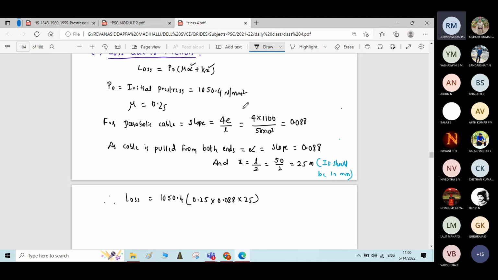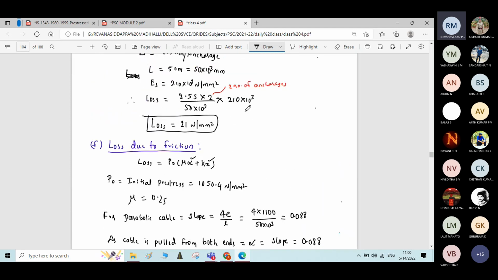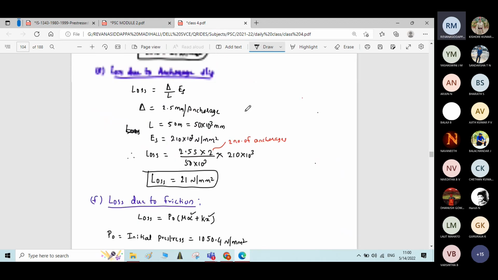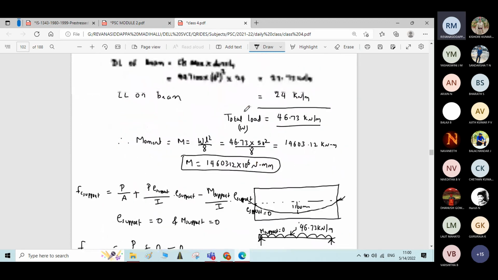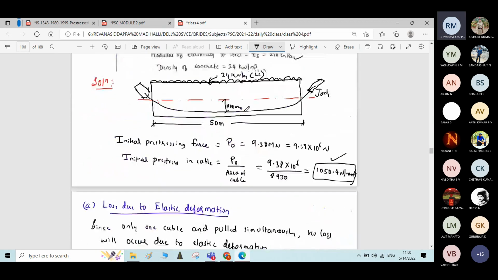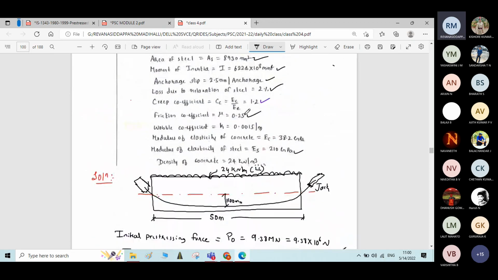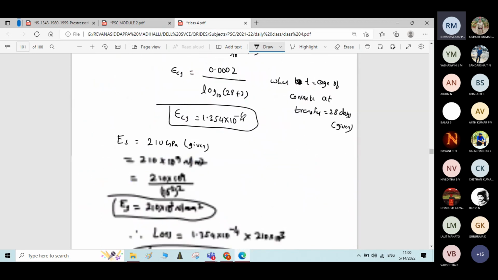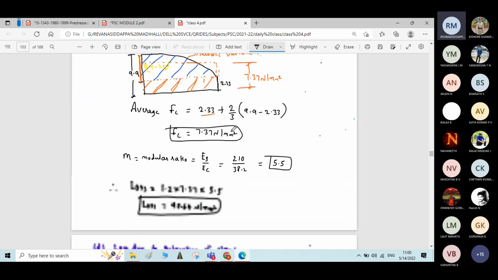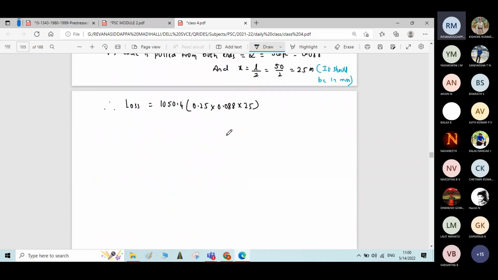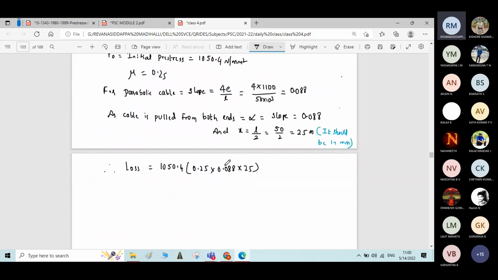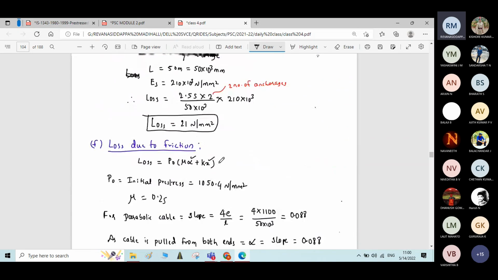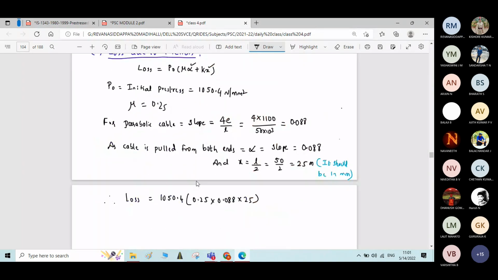K is given in the problem. That is the wobble constant, 0.0015 per meter. It is also called the wave effect constant. So, P naught into mu alpha plus kx.